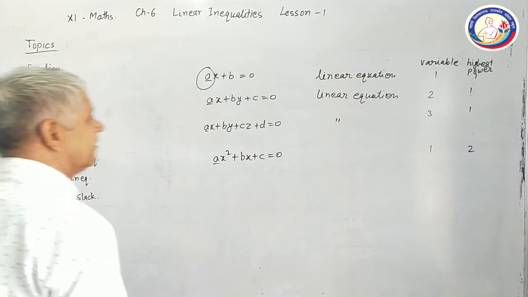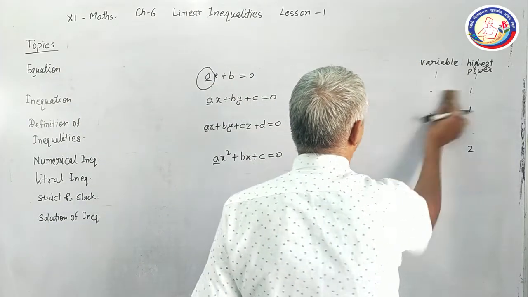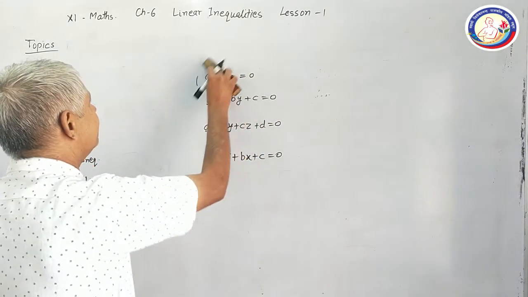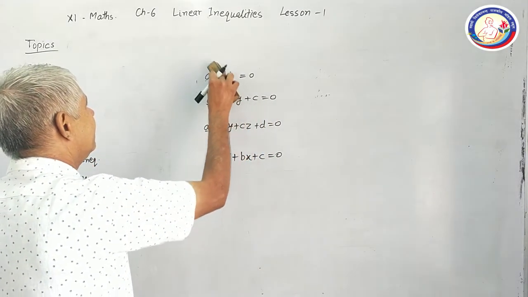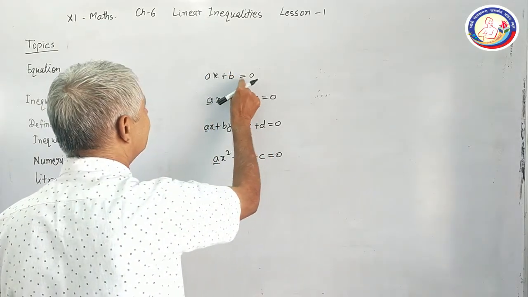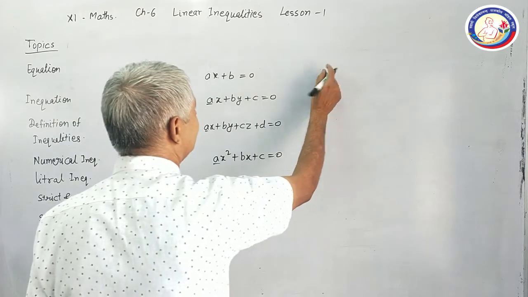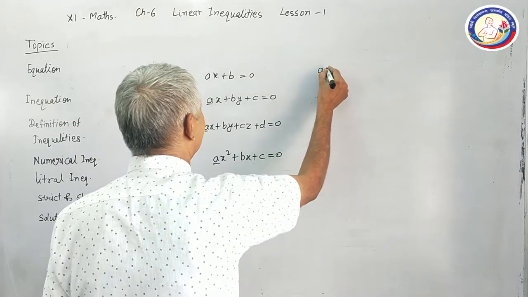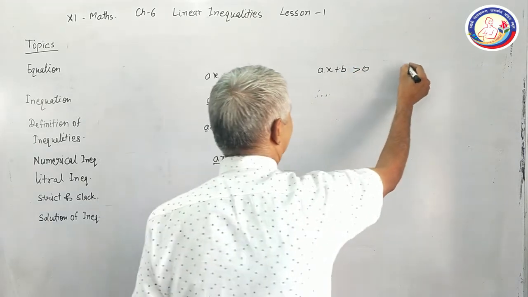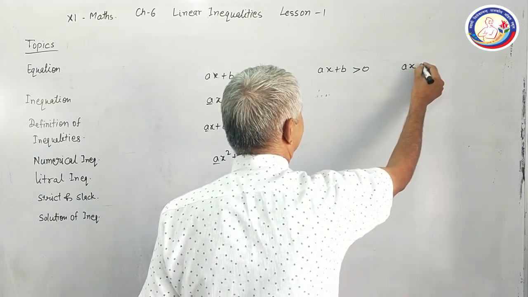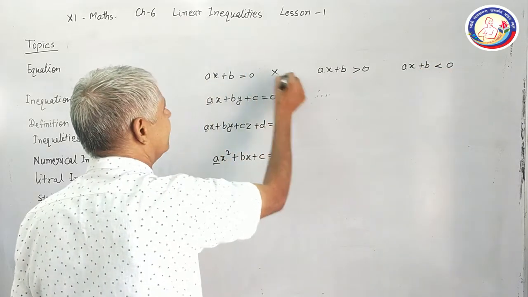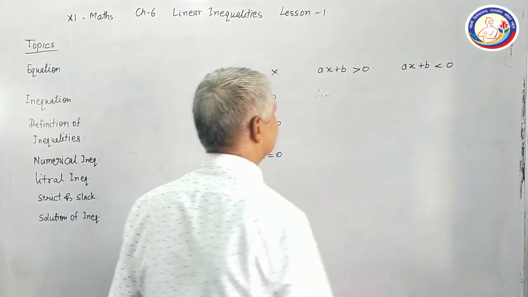Now what is inequation or inequality? If this statement is true, then it is equality. Now, if this is not the condition, then what may be the condition? Either ax plus b is greater than 0 or ax plus b is less than 0. If this is not the case, then either this or either this.